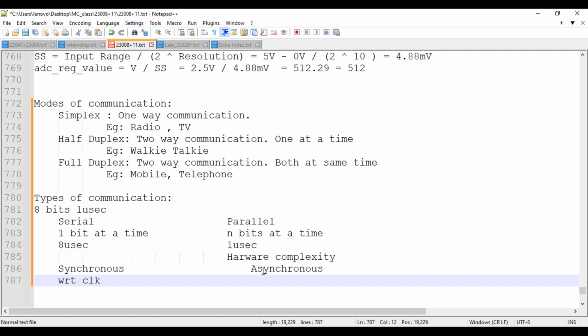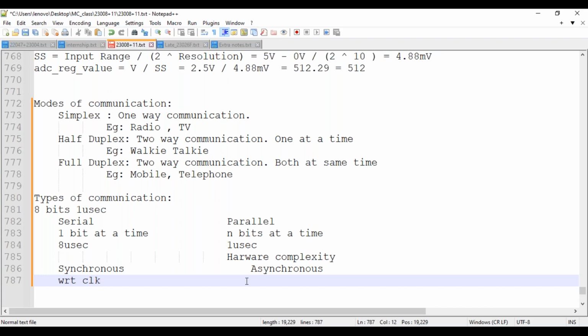So it's the microcontroller which is called the master. The master generates the clock pulse, and after that, the communication is going to happen between the two devices.